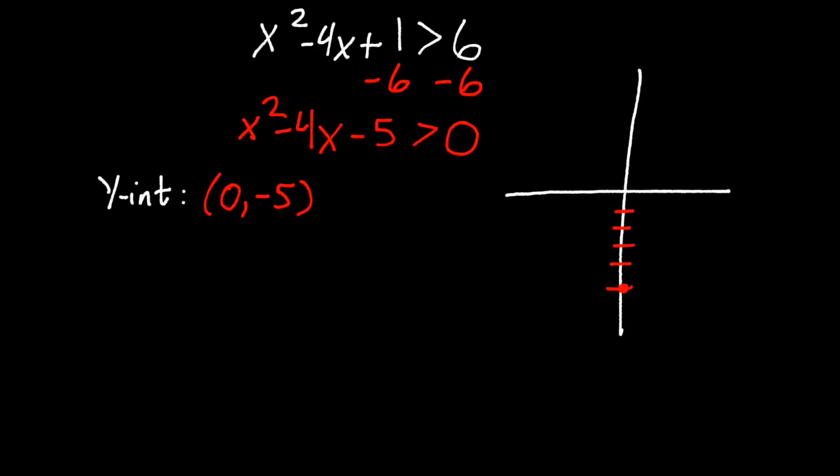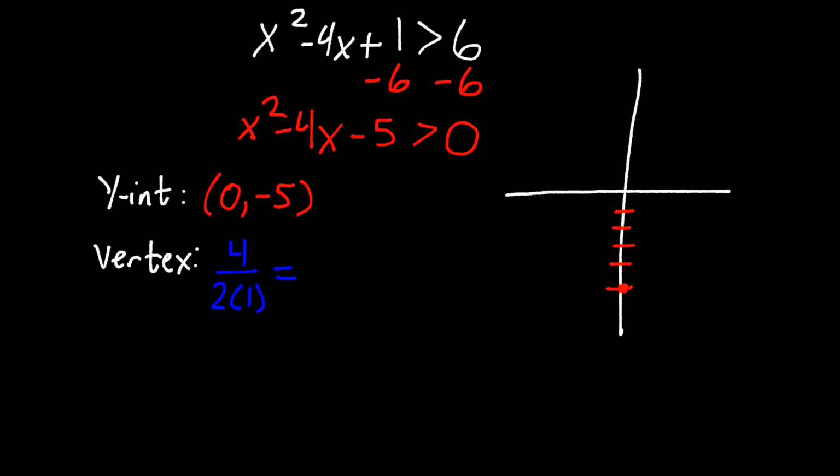Okay, now I'm going to find my vertex. Opposite of b, here our b is a -4, so the opposite of -4 is a +4 divided by 2a, where a is 1 this time.